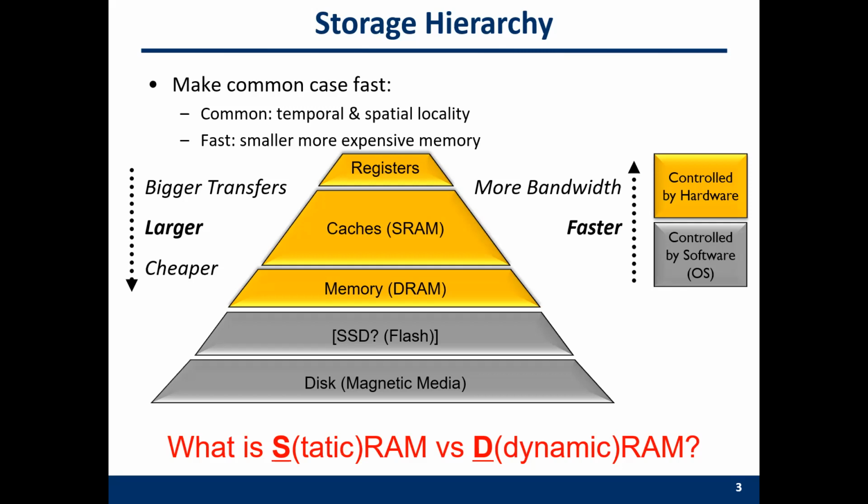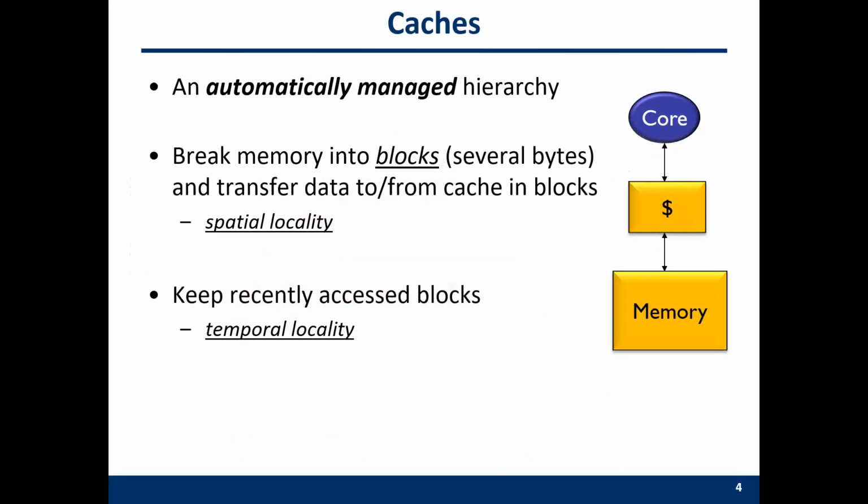In this lecture, we will focus on the cache, the SRAM. Again, the cache is managed by the hardware. You cannot change the policy in the cache. The cache will divide the entire memory into blocks. Each block contains several bytes, for example, 64 bytes.